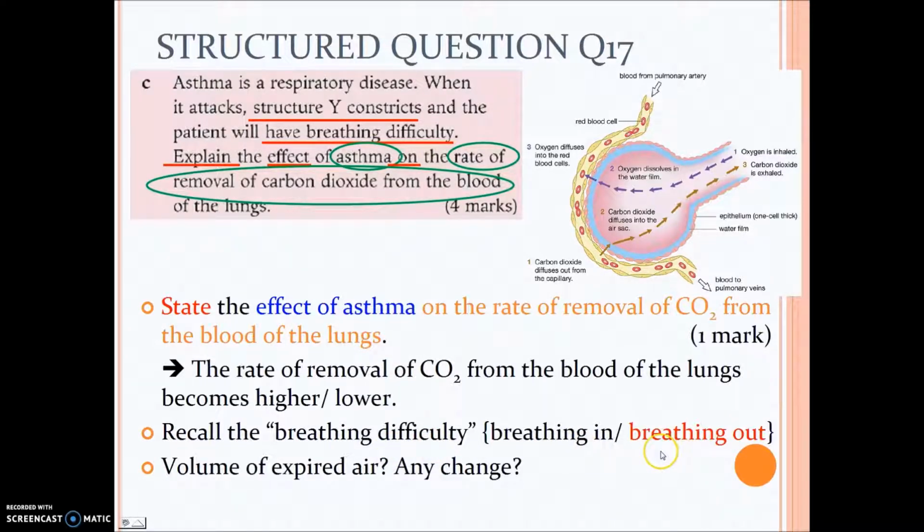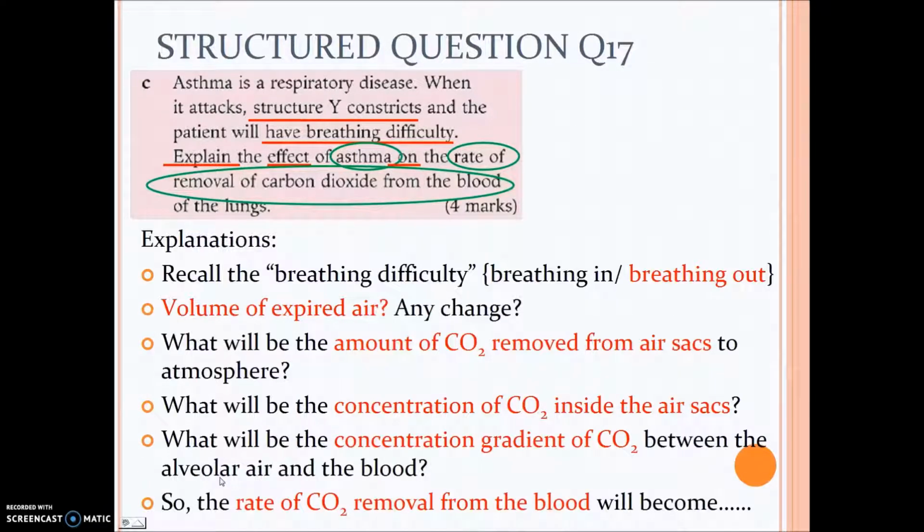In this case, I suggest you use the breathing out approach. Breathing in I will also tell you, but breathing out is a little bit easier because removal of carbon dioxide is about breathing out, right? Then you need to think, if you have breathing difficulty, is there any change in the volume of expired air?